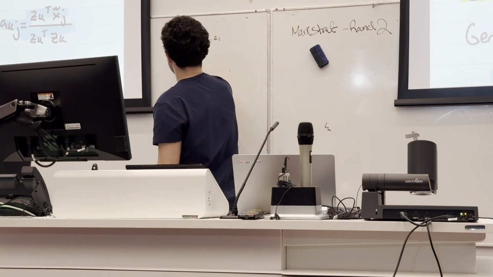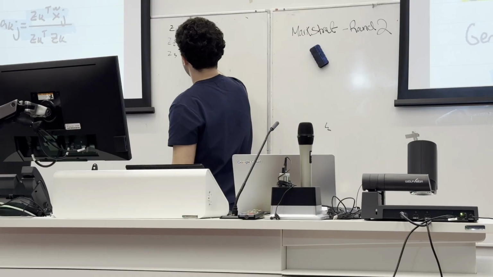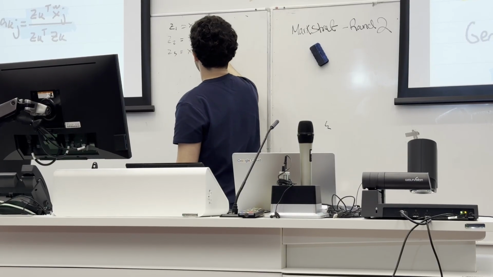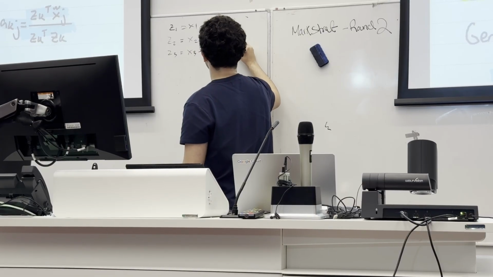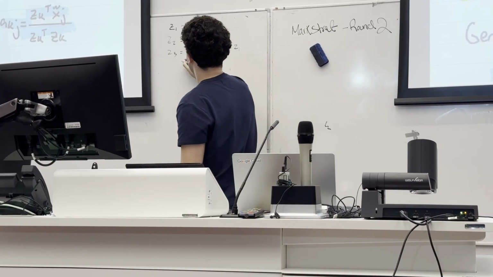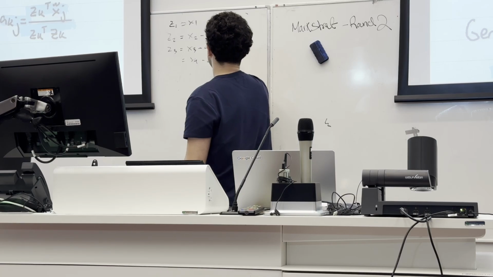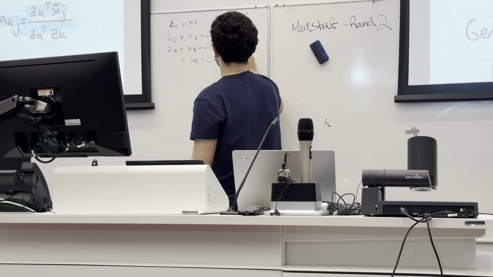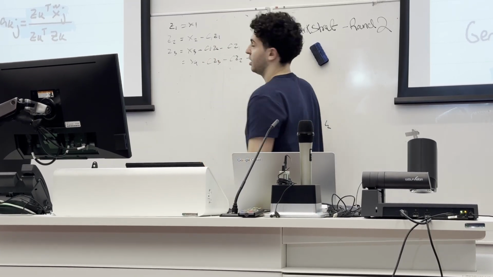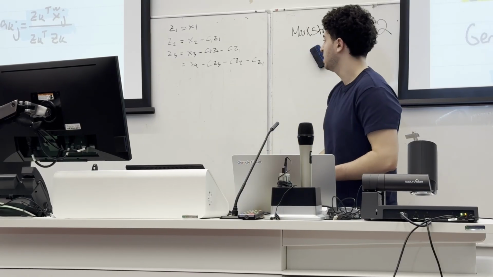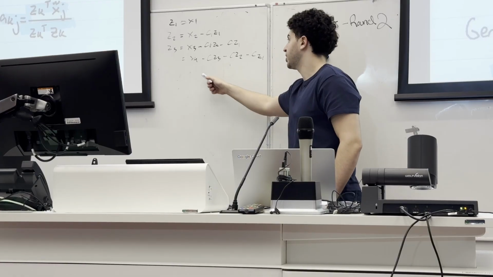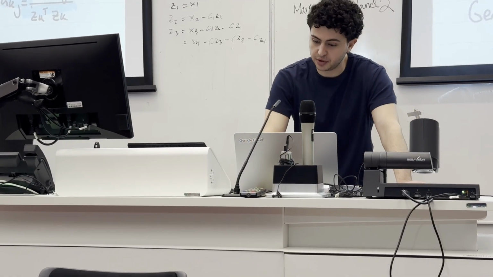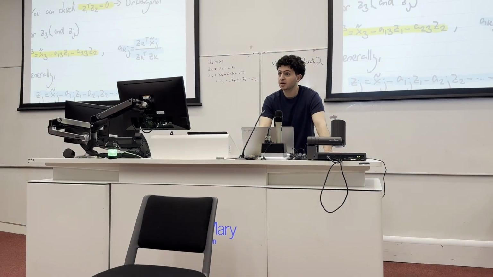And then z3 is going to be equal to x3 minus another constant times z2 minus another constant times z1. And then x4 minus a constant times z3, a constant times z2, a constant times z1, and so on and so forth, right? So if we are computing, I don't know, the seventh column, we're going to be subtracting 6 different terms. And the way in which we compute those terms is like this.